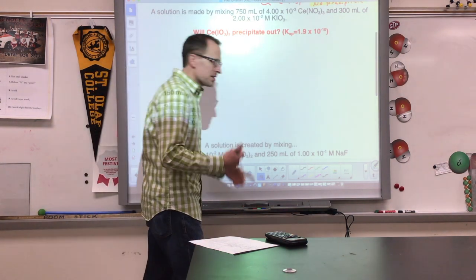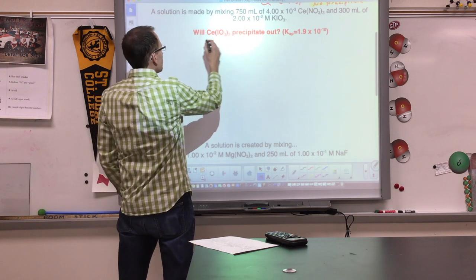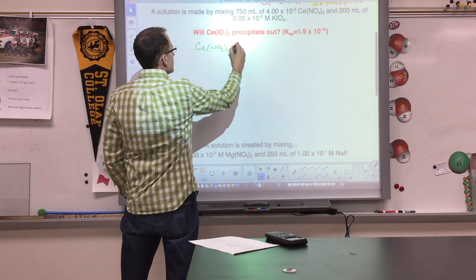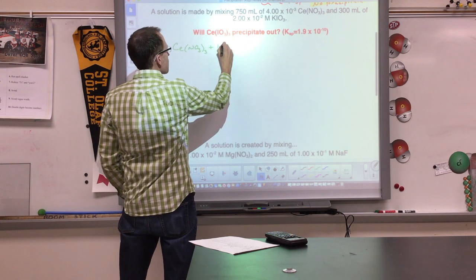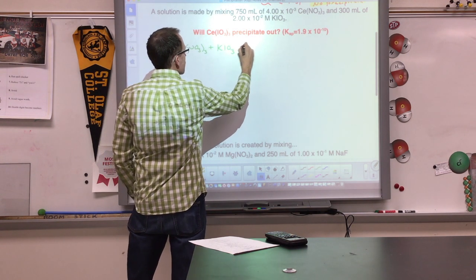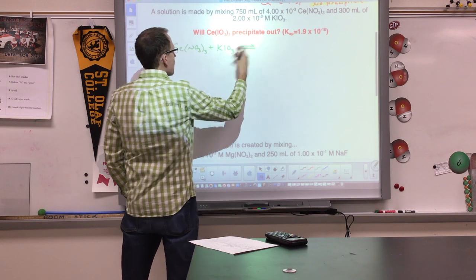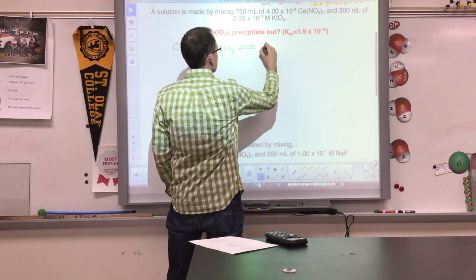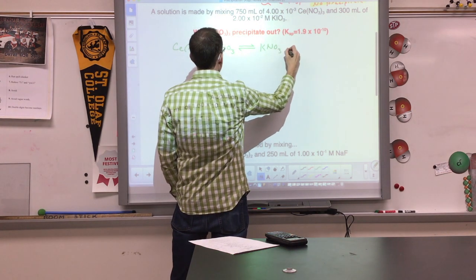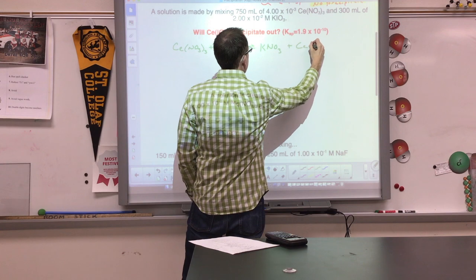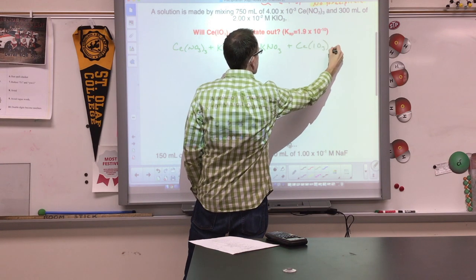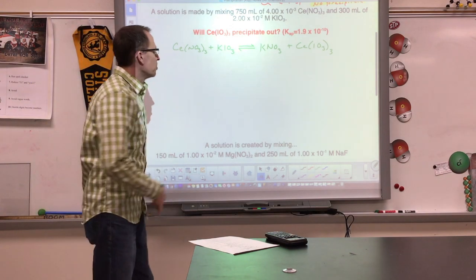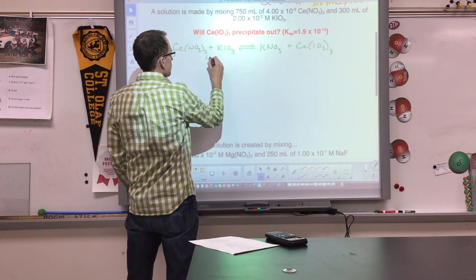Will it precipitate out? You might be wondering where that came from. First off, it's always important to have an equation. If I take these two and draw an equation, hopefully you would recognize that this is a double replacement reaction, and that's what I would get.